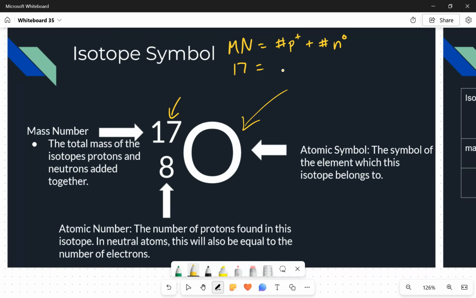That's the atomic number. So I know that the number of neutrons is whatever number goes right here. Rearranging this a little bit, 8 plus the number of neutrons is equal to 17. That means the number of neutrons is equal to 9. There are 9 neutrons in this particular isotope.